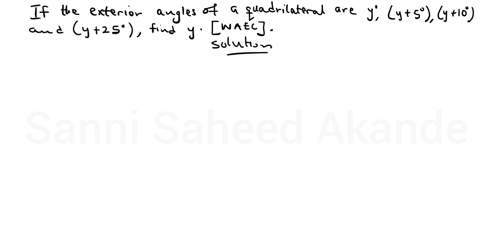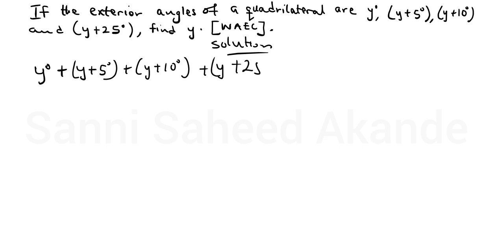y degrees plus y plus 5 degrees, plus y plus 10 degrees, and plus y plus 25 degrees, everything is equal to 360 degrees. Why?